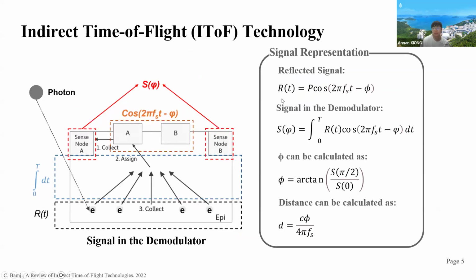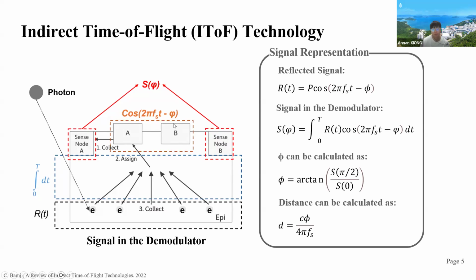After we get the reflected signal R(t), it generates signal electrons inside the chip substrate. These electrons are then modulated by a demodulator and integrated in the sensor node. This process is illustrated by this equation.